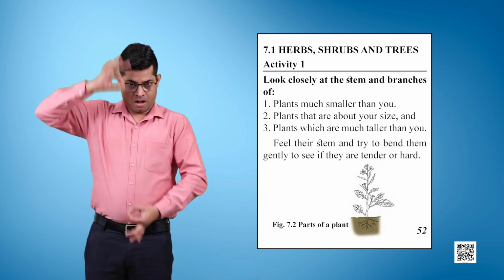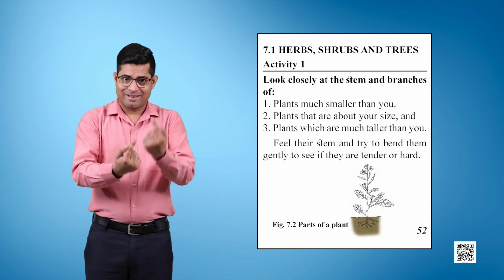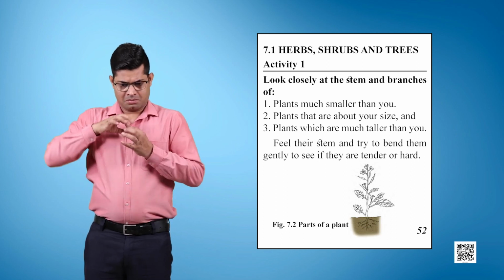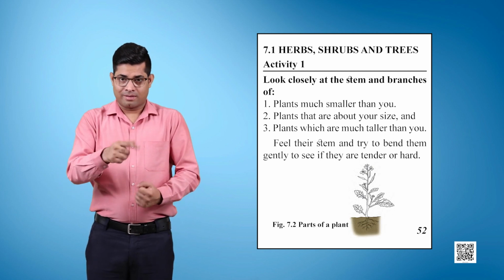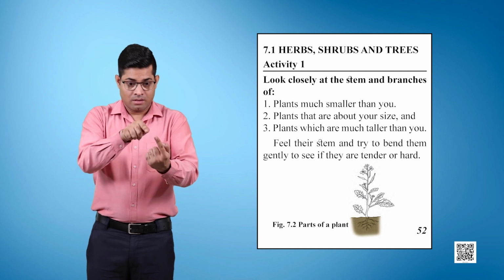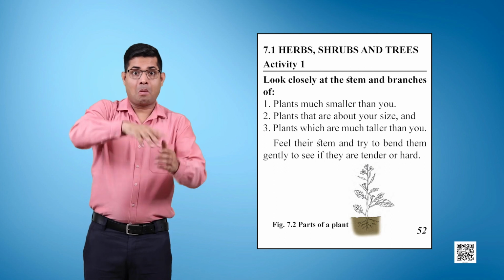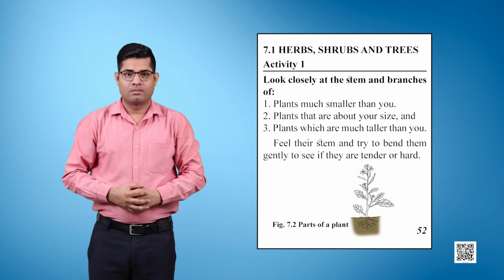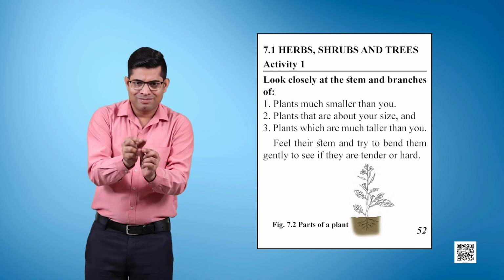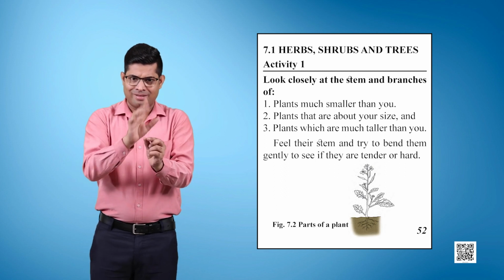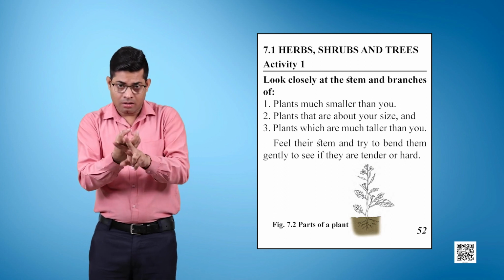Plants much smaller than you. 2. Plants that are about your size. And 3. Plants which are much taller than you. Feel their stem and try to bend them gently to see if they are tender or hard.